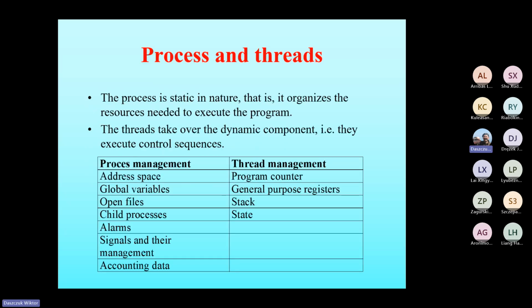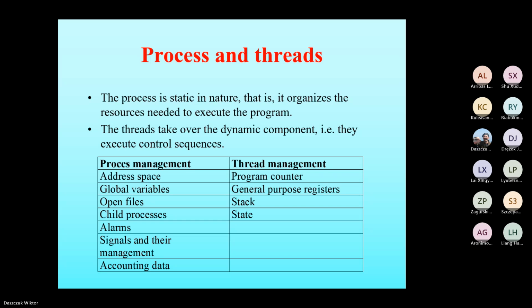If we have the old-fashioned operating system based on processes, we have processes that are separated one from another. If we have a modern operating system with processes and threads, we understand processes as the former static view of the process. It's a set of resources allocated to a program to run.